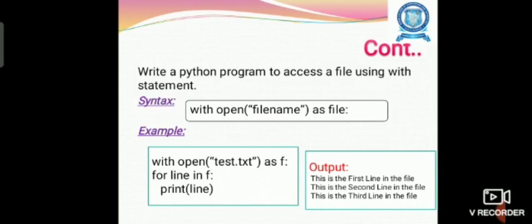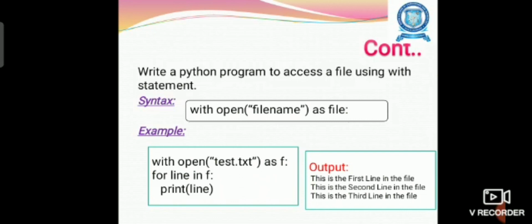Here file is nothing but the file object we have to mention for this particular file. Okay, the syntax is with open of file name as file. File is the file object, and we can see the example.